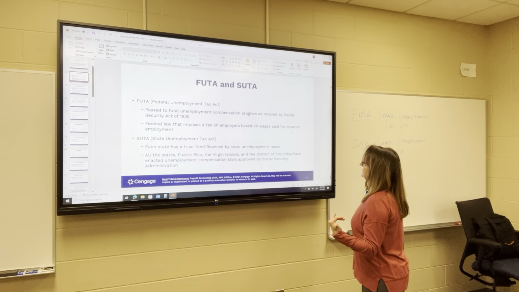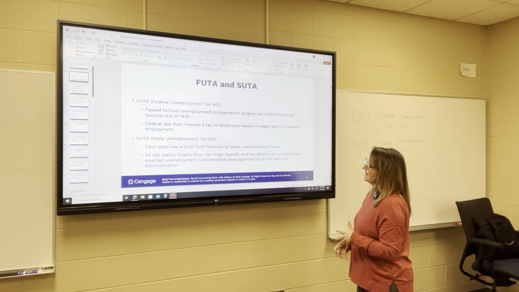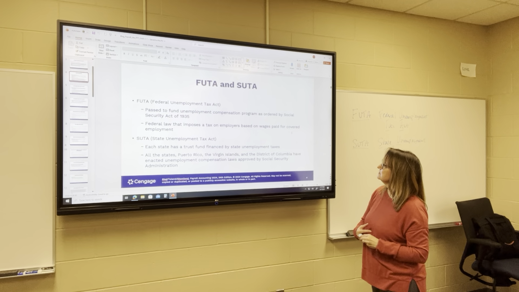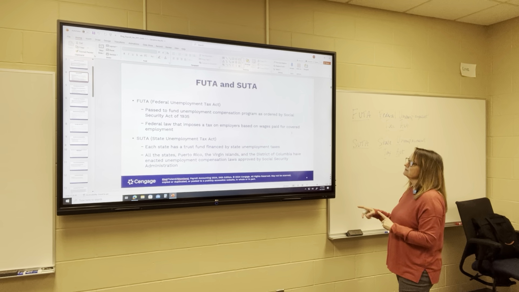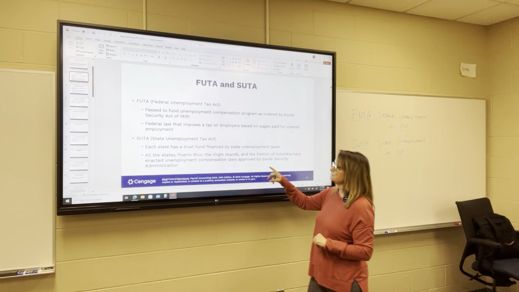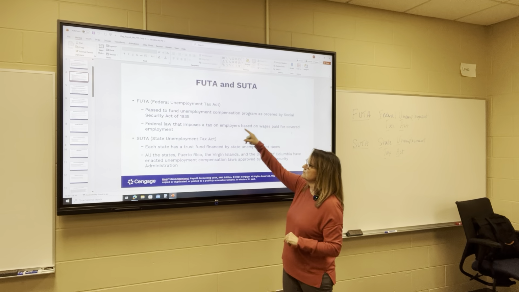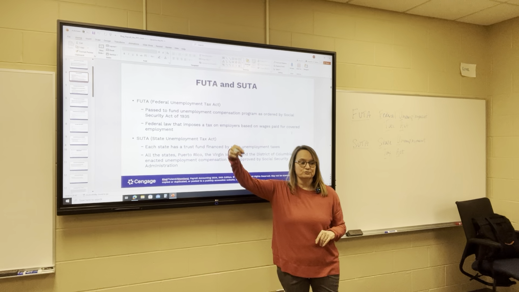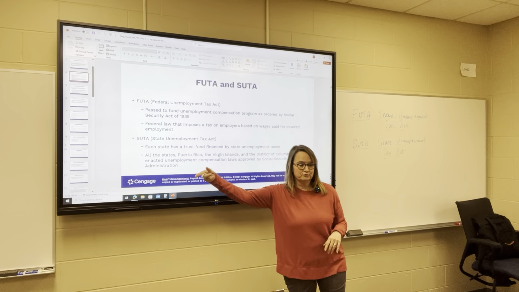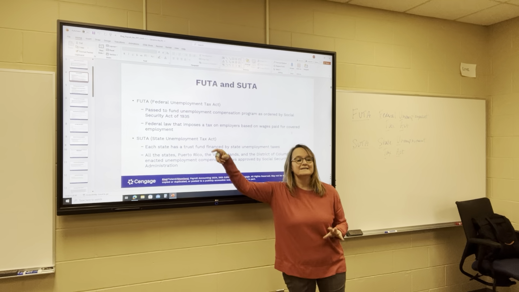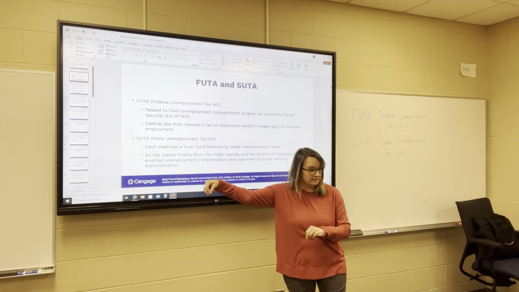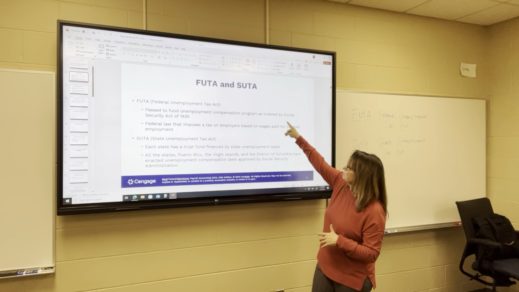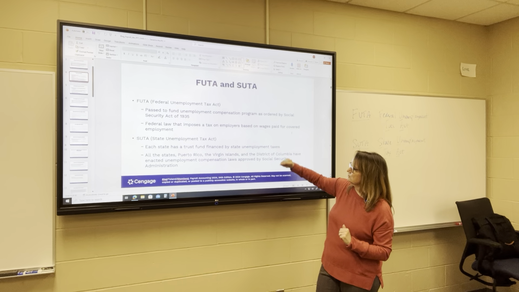Federal Unemployment Tax Act was passed to fund unemployment compensation as ordered by the Social Security Tax Act of 1935. So, part of the Social Security Tax Act of 1935 said we're going to start this FUTA program. It didn't actually start until 1939, but the 1935 is related to the Social Security Act.